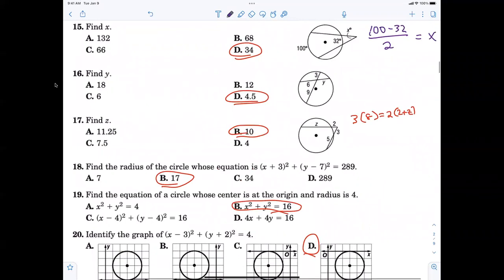So we would say 3 times 9 equals 6 times y. Remember on 17, the outside times the whole length is equal to the outside times the whole length.